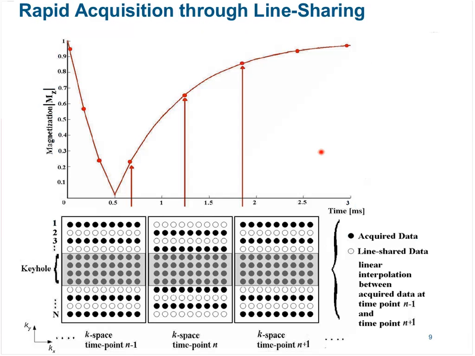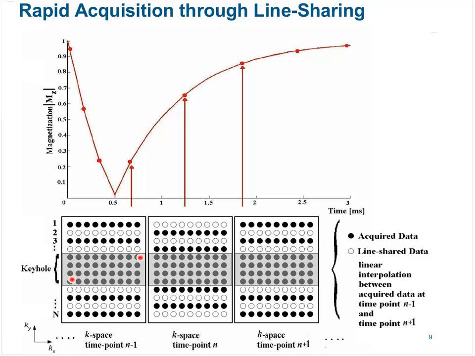And the scheme which is used for the rapid acquisition is that you are sampling the whole K space, and first I want to tell about the division of the K space. Let's assume on the inversion recovery curve you are here and you are sampling the full K space here. So first you acquire the first line, and then you do not acquire the second line, and then you acquire the third line and not the fourth one.